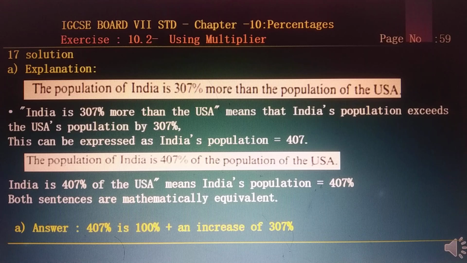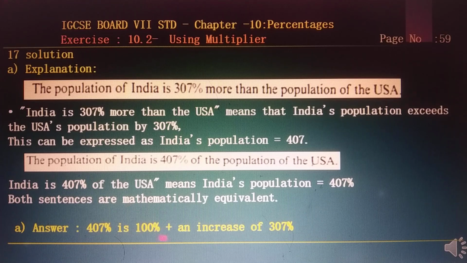The population of India is 407% of the population of the USA. India is 407% of the USA. Both sentences are mathematically equivalent. Answer: 407% is 100% plus an increase of 307%.